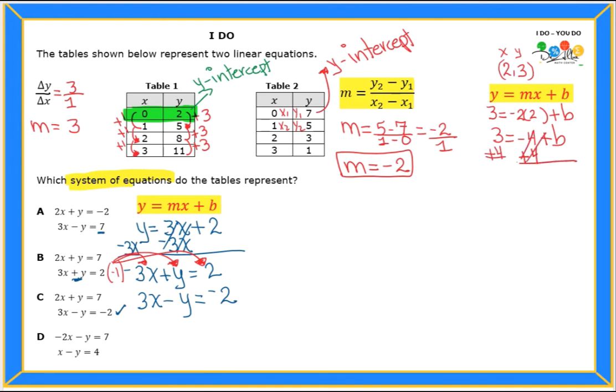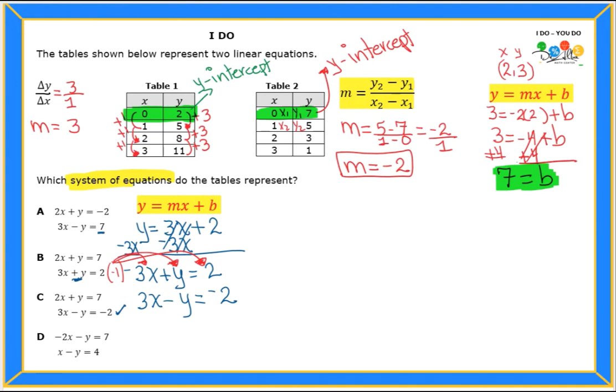When I do that, I cancel the 4, and I end up with b equals 3 plus 4, it's 7. Isn't that the same 7 that I said earlier, guys? It is, right? Look, 0, 7, there's my 7 right there. So please memorize that if x is 0, the y value will be your y-intercept. Okay, so we're getting closer to the answer.